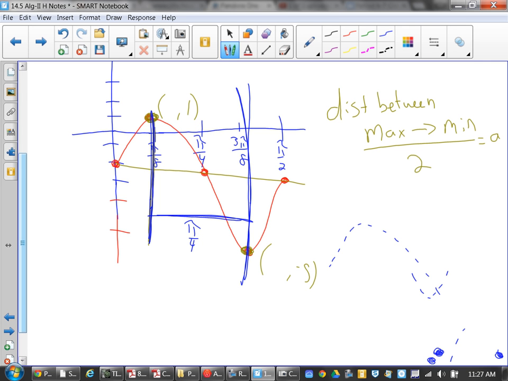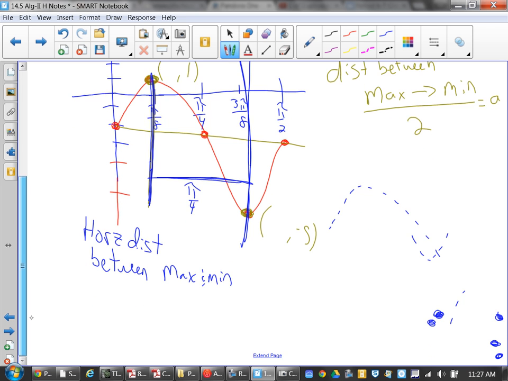Double it, and it's your period. The horizontal distance between the maximum and the minimum, double, is your period. So in this case, the horizontal distance between the maximum and the minimum was pi over 4.